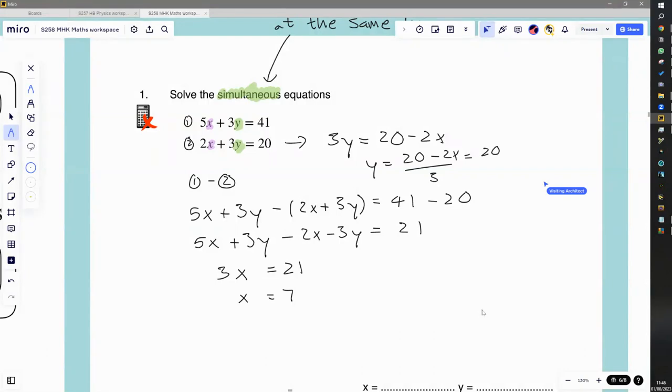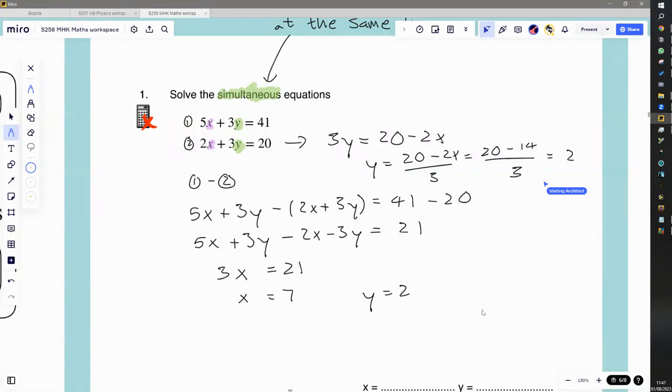That's going to equal 20 minus, and we know x is 7, so 20 minus 14, divided by 3. 20 minus 14 is 6, and divided by 3 is 2. So we have x is equal to 7, y is equal to 2.